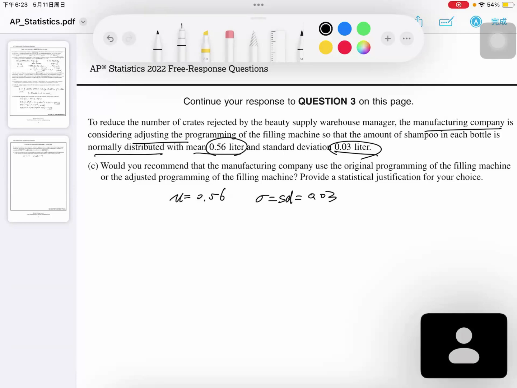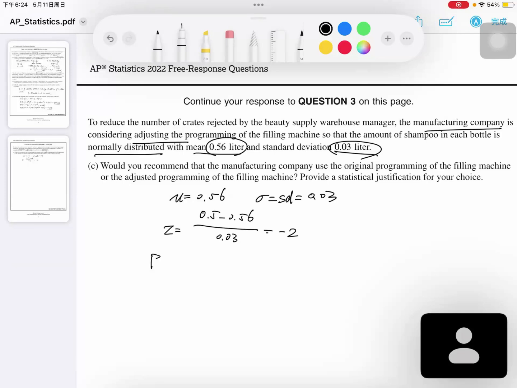So the only thing we need to do is to modify the data, but we can apply the same technique utilized in problems A and B to do it again, right? So the first step is still to calculate the probability. The z equals 0.5 minus 0.56 over 0.03. So the new z value is minus 2.